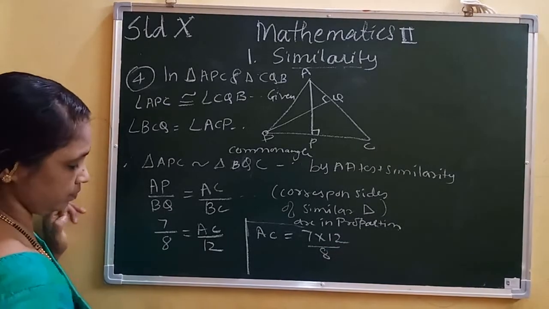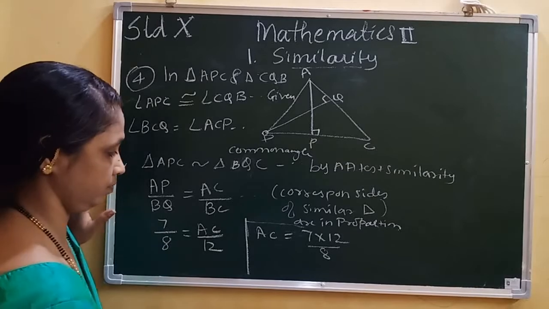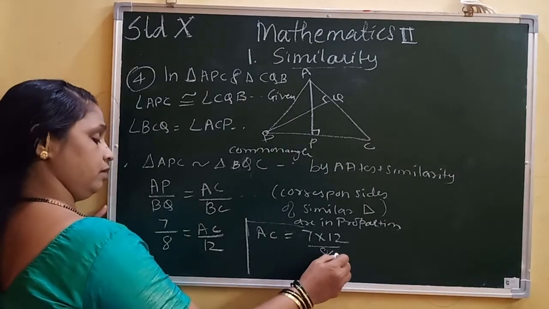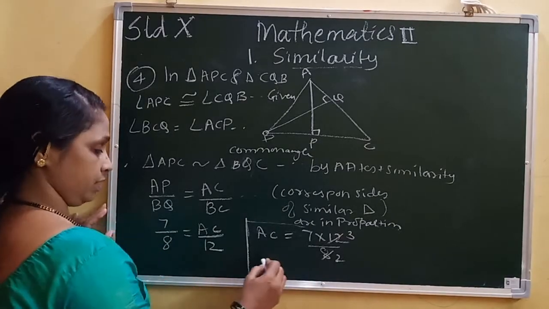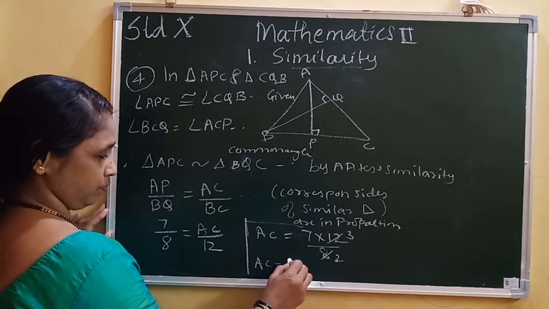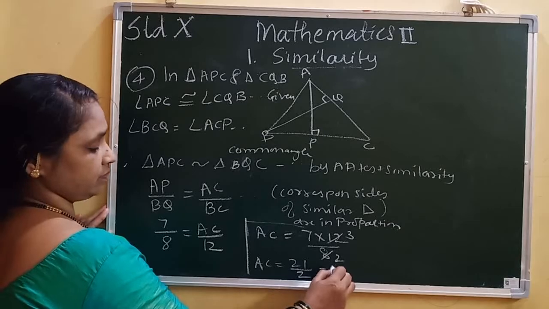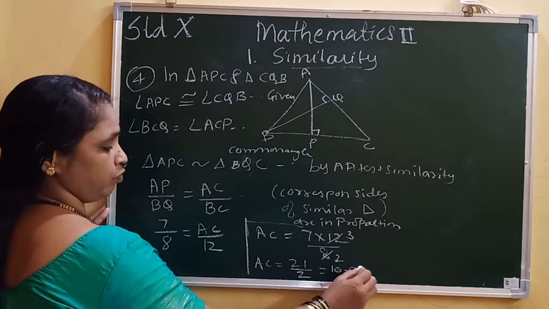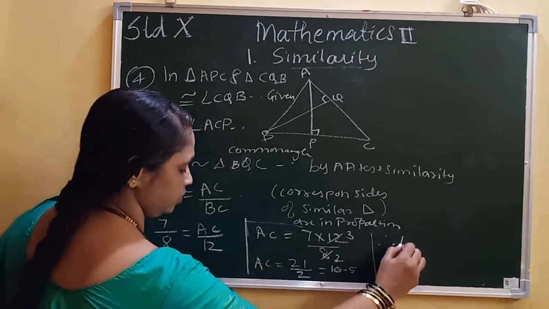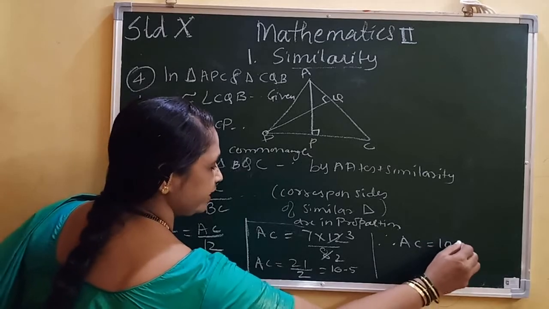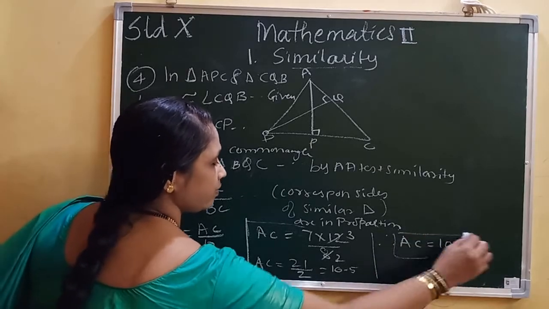Now we can cancel 4 twos and 4 threes. So AC is equal to 21 upon 2, means 10.5. Therefore AC is equal to 10.5.